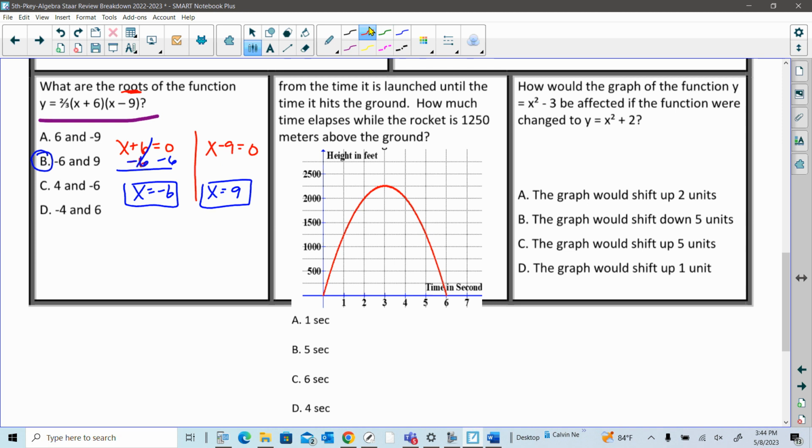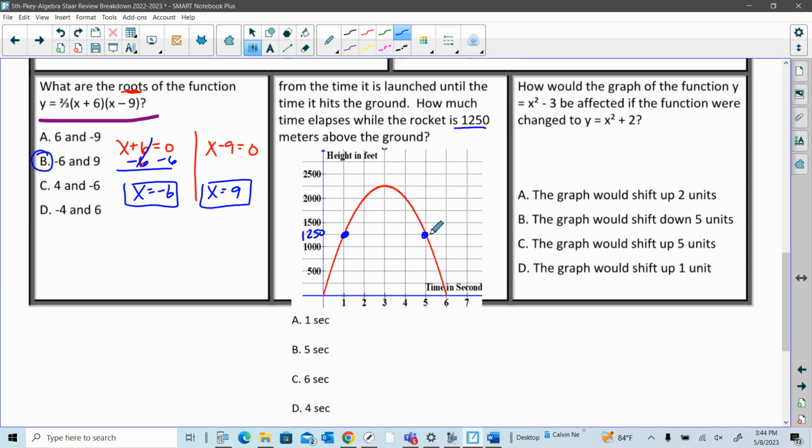So basically, I need to know 1,250. I'm not sure if you see that there are increments in between. So this would be 250, another 250 is 500, this would be 750, then 1,000, then this is going to give me 1,250. So here's the 1,250. It happens twice in 2 different locations.